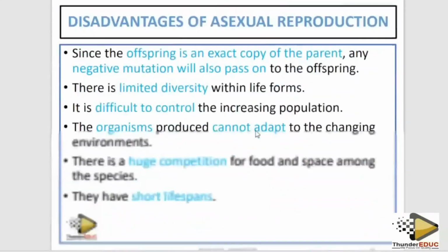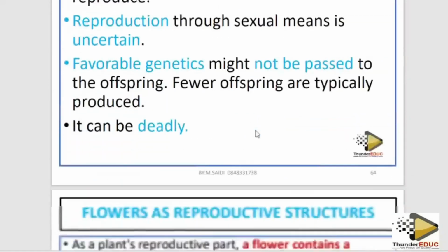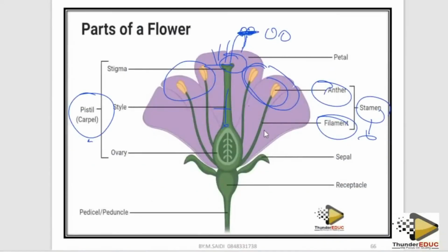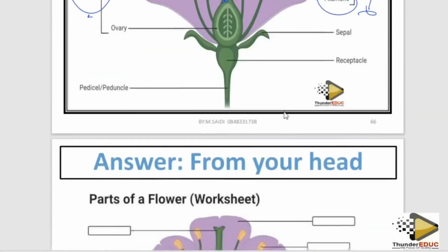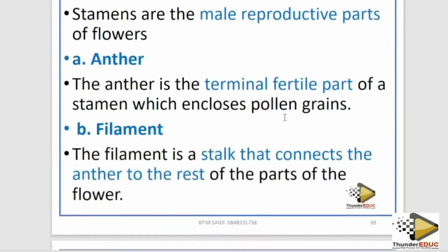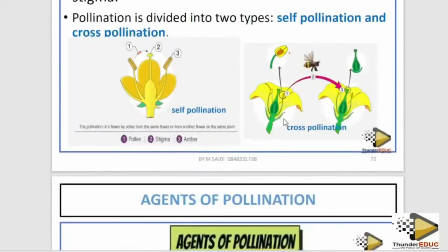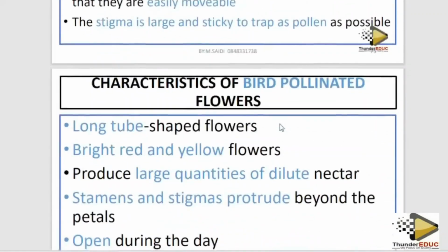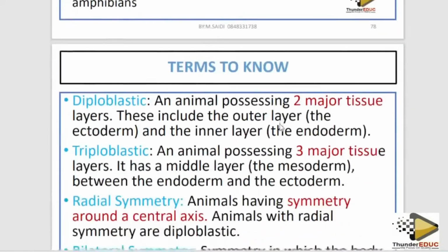And then also the flower, I explained the structure of a flower. And I asked you, how do you identify this is insect pollinated, this is non-insect pollinated? I explained it. And then I also talked about the difference between insect pollinated and wind pollinated. Please make sure that you know that.